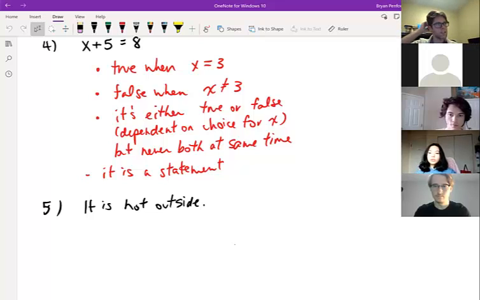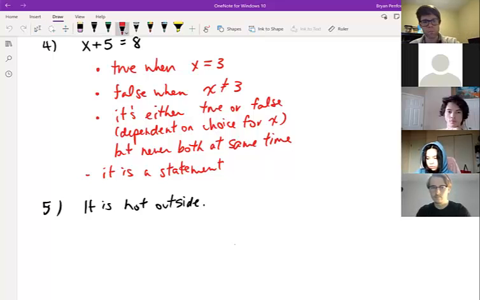But we run into this issue with the word hot. I don't know how to measure that. I don't know how to figure out if that's true or false. So we describe this as a non-meaningful sentence or a subjective sentence. So we can't really talk about this as a statement, if that's helpful.